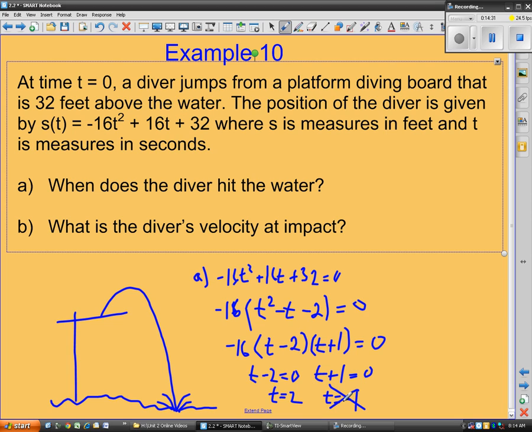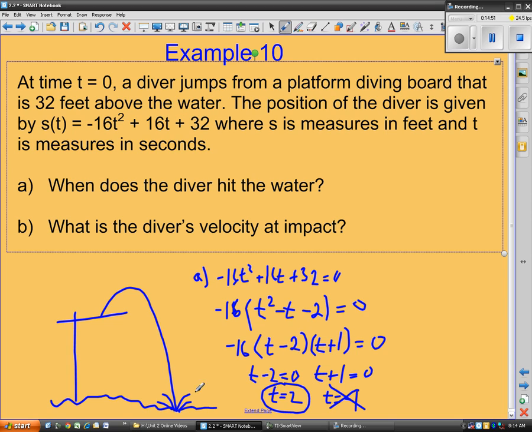So now that I know how long it takes for the diver up here to hit the water, I can find out the velocity at impact, because if we know the derivative of this graph, we can take the slope of the graph, that's the velocity when it hits the water, and we know how long it takes, that's t. That's what we're finding.